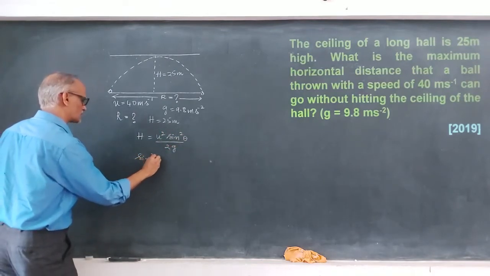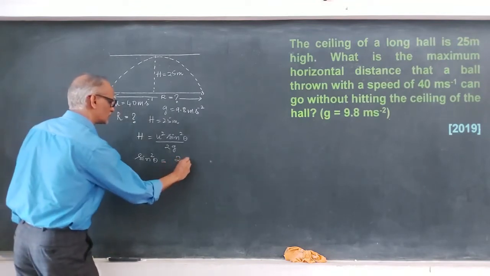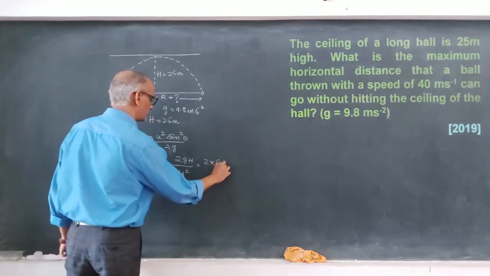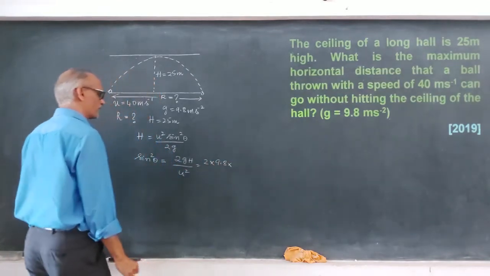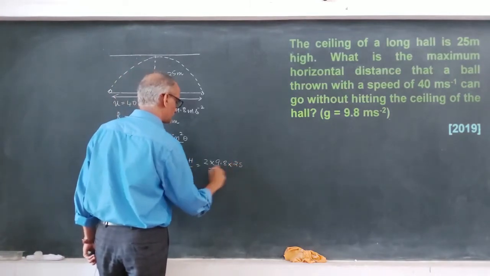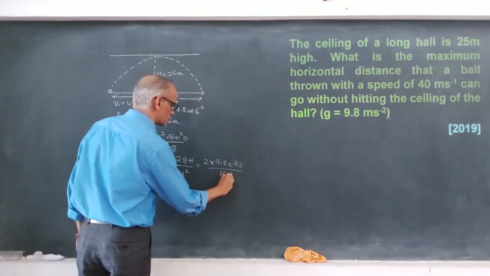Or sine square theta is equal to 2gh by u square, that is 2 into 9.8 into 25 divided by the value of u, which is 40 square, 1600.